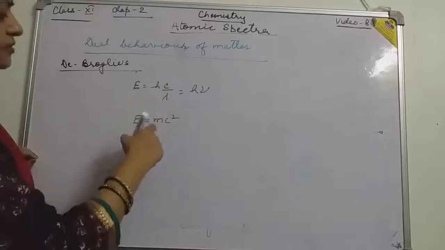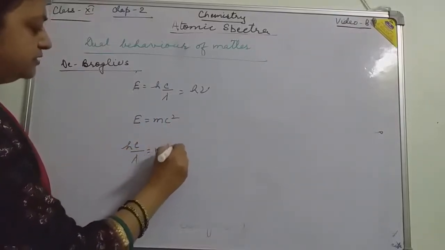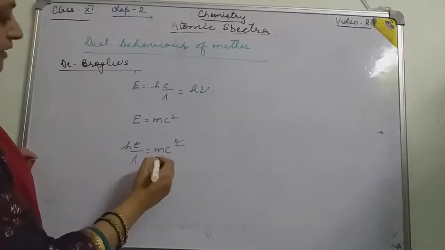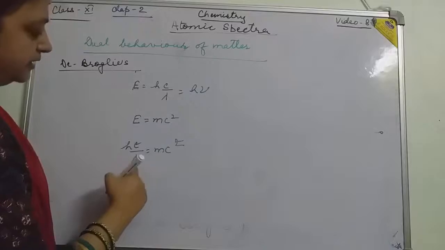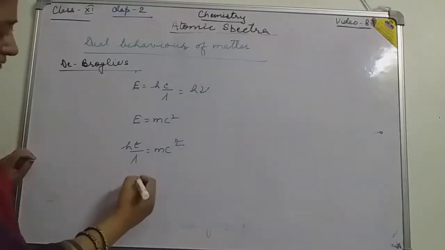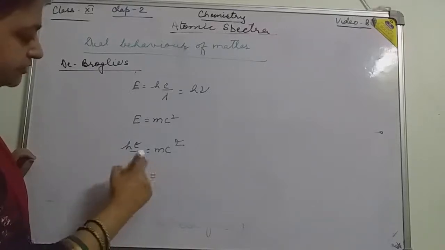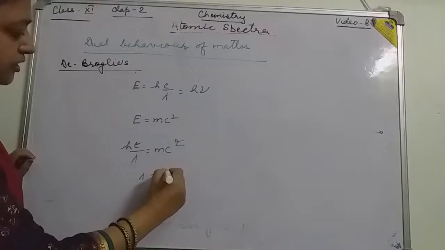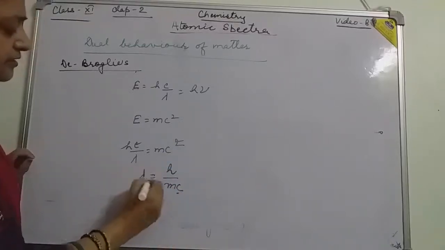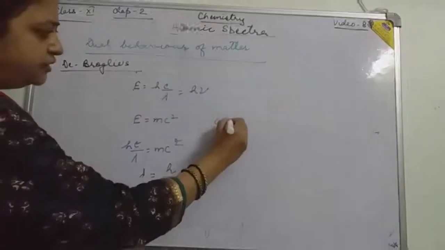By equating these two, we get hc by lambda is equal to mc square. c cancels, so we can get lambda from here: lambda is equal to h by mc. Here c is the velocity of light.